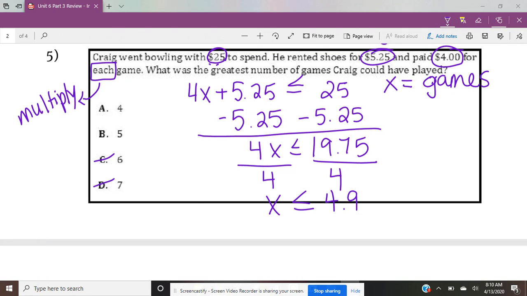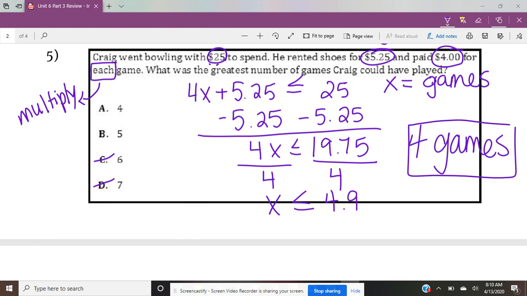Well, they don't do that. They don't let you bowl 9 frames and then leave the 10th frame out, right? So he only has enough money for 4 games, or less, of course, but the most games he can play will be A.